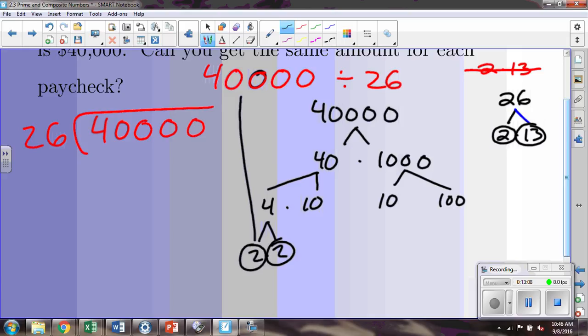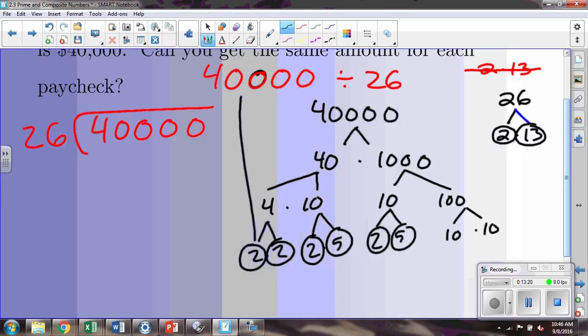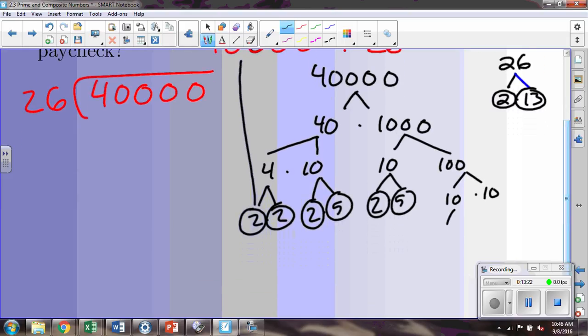We've got prime numbers. 10 is equal to 2 times 5. Got those. 10 is equal to 2 times 5. 100 is 10 times 10, which gives us 2 times 5, 2 times 5. Did we get both of them?